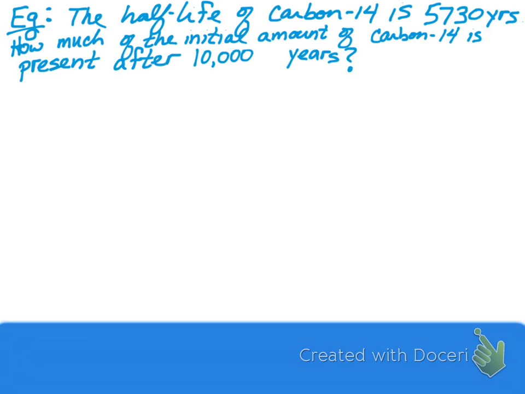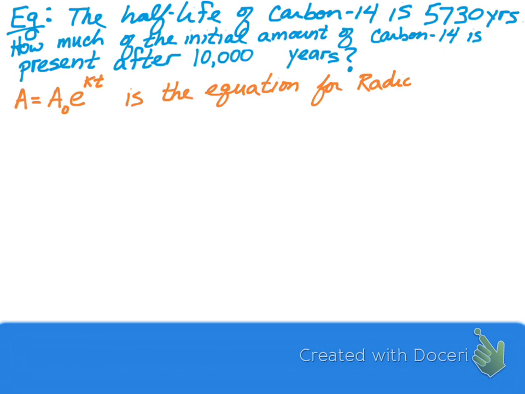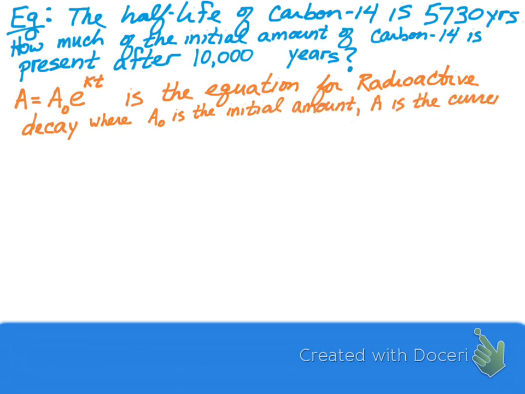So, exponential decay is modeled by the function A equals A sub 0 e to the kt. A is the current amount at time t, the amount at time t. A sub 0 is the initial amount.